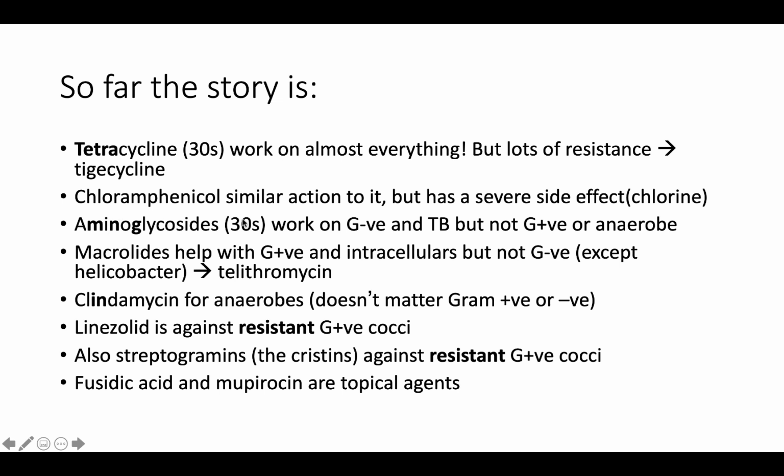Aminoglycosides ال AG كانت تشتغل على 30S، حكينا هم كتار كبير بيشتغلوا على السودوموناس, and some work on TB, and they work on gram negatives but don't work on gram positives. الماكرولايدز هم بيشتغلوا على الجرام positives، وبعدين طورنا منهم إريثرومايسين، كليندامايسين، anaerobes، لينيزوليد. حكينا these are for the resistant gram positives. معها بتضيف عليه كمان البريستينز، ستربتوجرامينز، and then fusidic acid, mupirocin. هدول هم يستخدموا topical agents for gram positives.